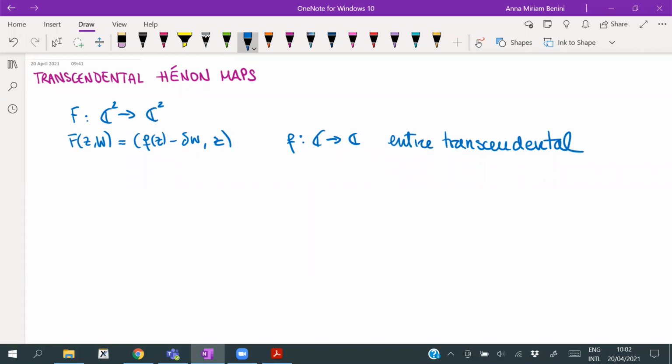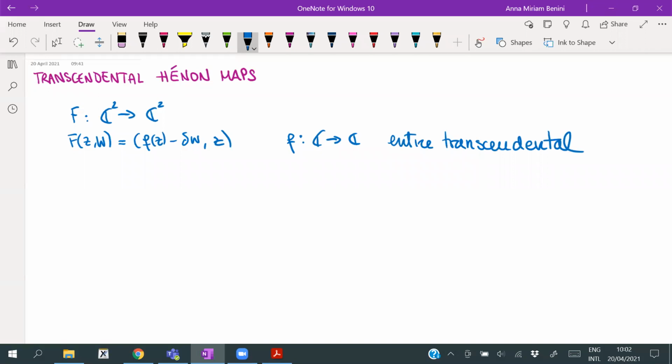And another important feature of these polynomial Henon maps is that you can use some techniques from one complex variable to study some of their dynamical behaviors. So in our case, the main reason why we try to study these transcendental Henon maps is because you can use a lot of techniques from one-dimensional dynamics in order to deduce properties of these maps.